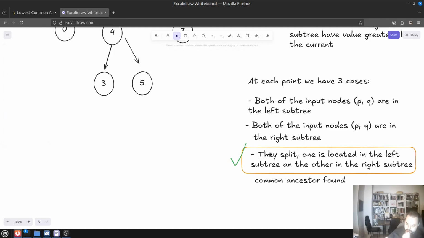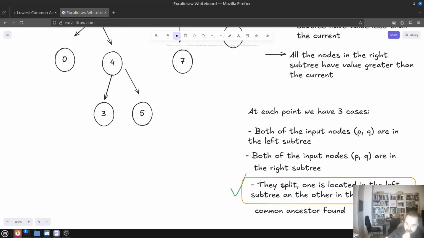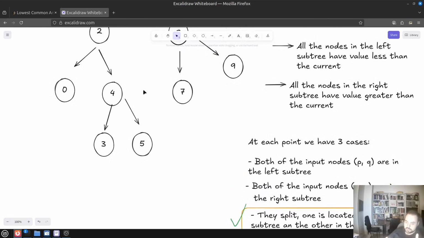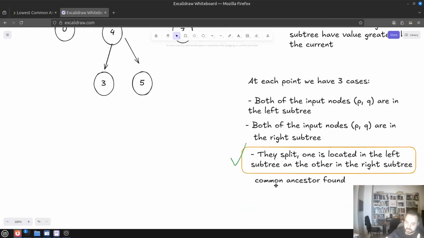This also covers the case when just one goes to the right and one stays at the place that we are, and the common ancestor is one of either P or Q. So it's also covered by this third case.